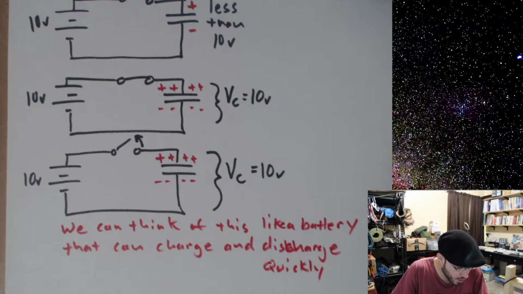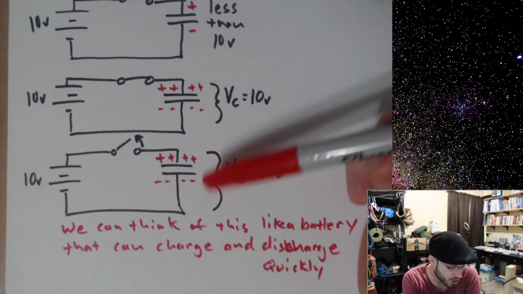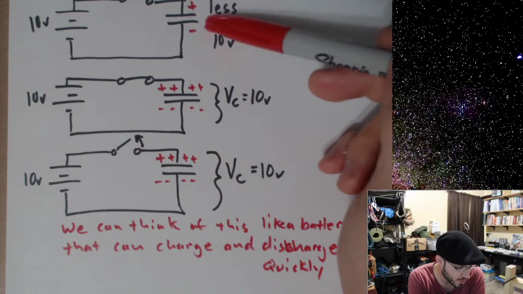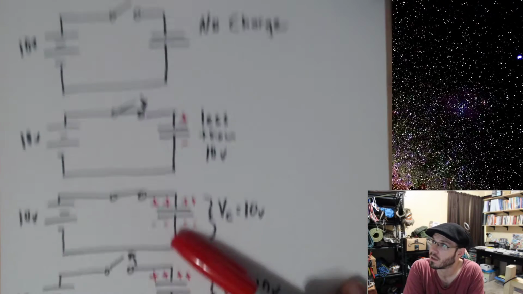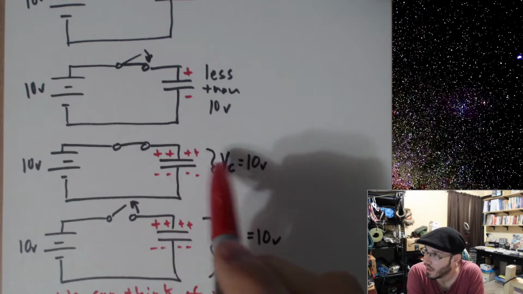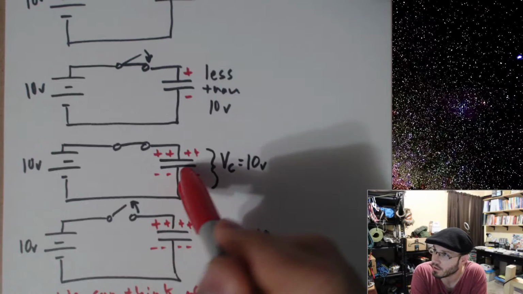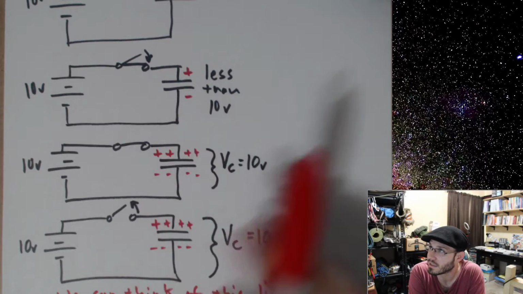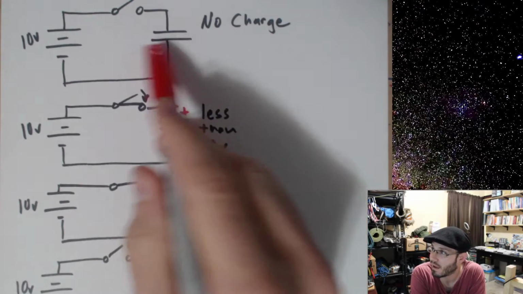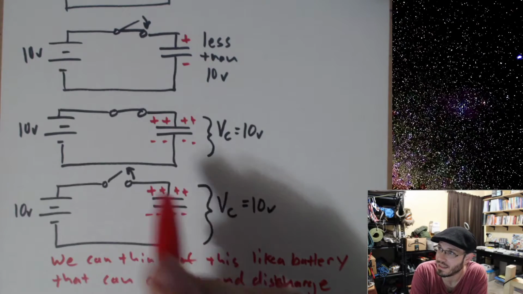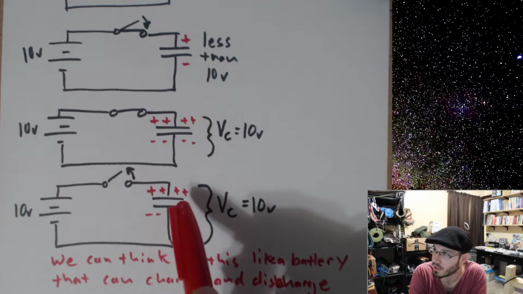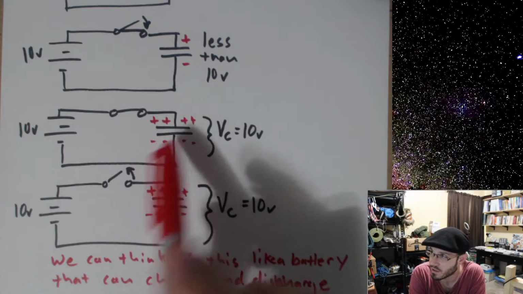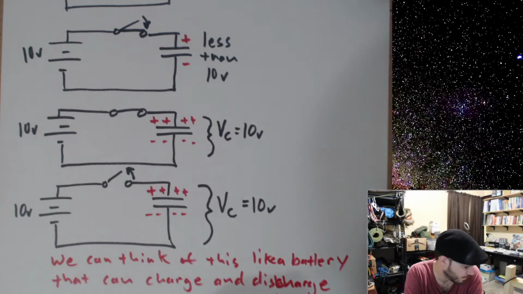Now, what we need to do is describe how much charge we can actually store on this. You can quite literally think of this as a number of electrons building up on this plate. At this point we have no electrons, and at this point we have applied a voltage and we've built up the charge on the plates, and now we have some number of electrons built up on here.